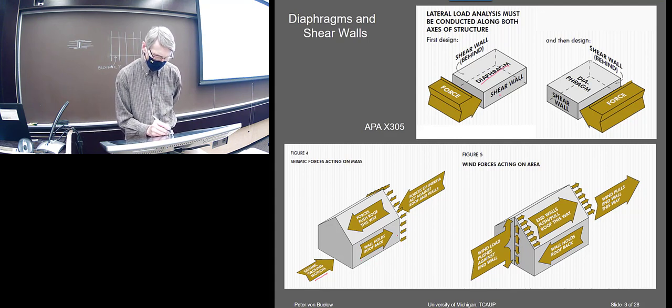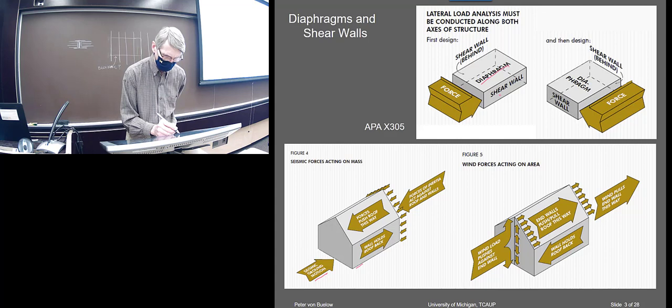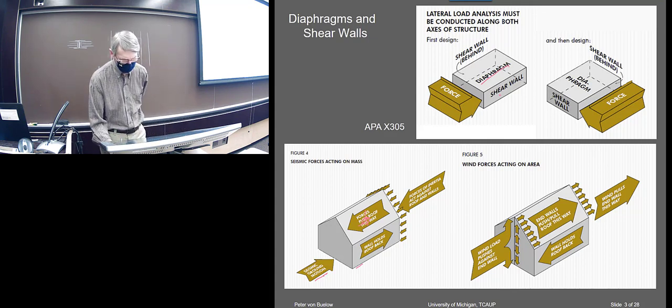The ground is moving this way, and the inertial resistance is in the weight of the building, wherever you're going to put that, acting in the other direction. So that's a little bit more distributed.